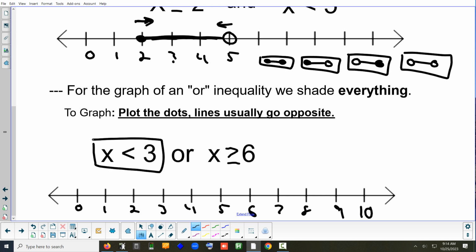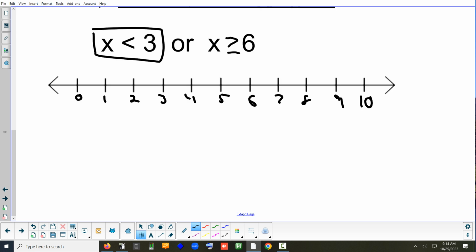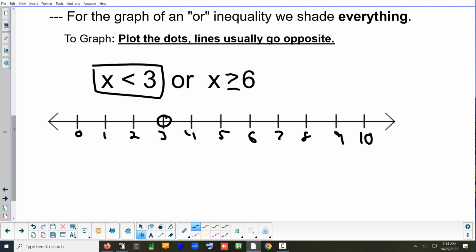All right, let's start with this one. What kind of circle am I going to use for the first half of that? Open on what number? Yep, so let's do an open on 3. And which way are we going to shade for this one? Yep, it says x is less than 3. These are the numbers less than 3. So that's that one. Now let's look at the second one.